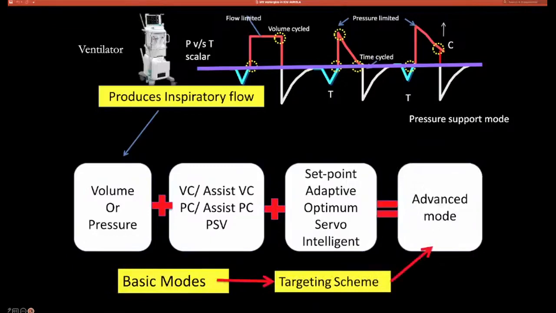You can remember this, 90% of your advanced modes are based on pressure support. Why? Because pressure support is the only mode where 2 phases, triggering and cycling, are controlled by the patient. Triggering and the flow cycling is managed by the patient. So 90% of the advanced modes are based on pressure support ventilation.